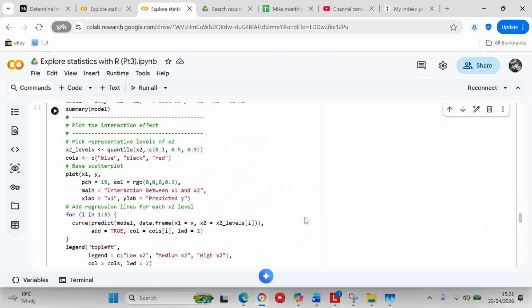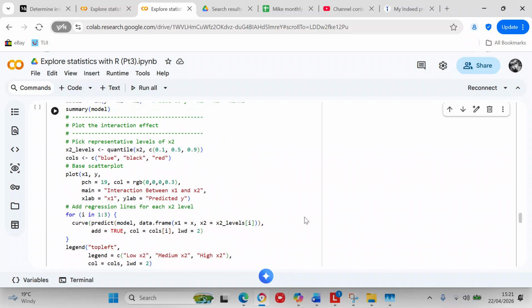So now what we're going to do is plot the interaction effect. We're going to pick representative levels of X2. So X2 levels becomes quantile, brackets X2, comma, and then we're going to create a vector of 0.1, 0.5, and 0.9. Colors is another vector of blue, black, and red.